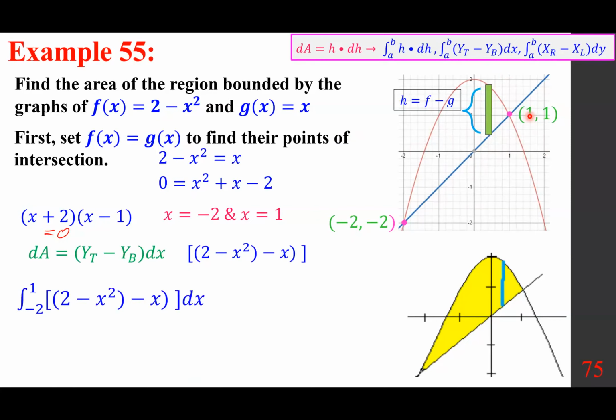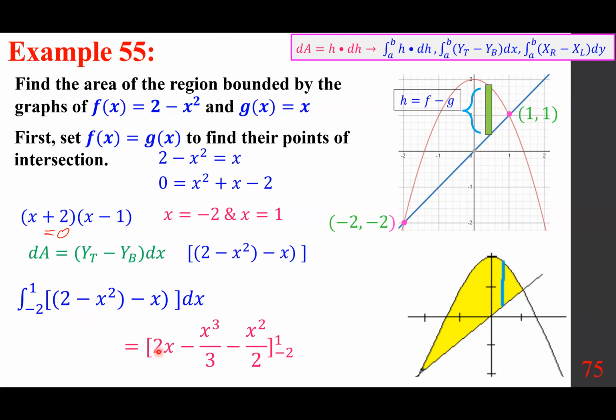This is 2x. This is minus 1/3 x cubed. This is minus 1/2 x squared. And we're going to go from negative 2 to 1. I'm going to quickly show you, but I'm just going to give you the answer.